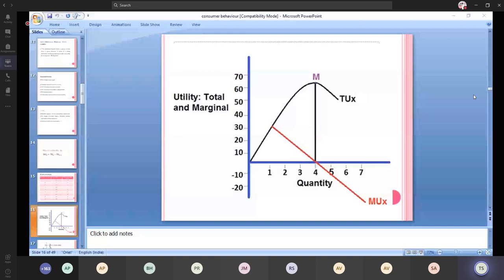The part which starts from the initial utility until the zero utility is called the diminishing marginal utility because it's sloping downwards. That is, it refers to the downward slope of the marginal utility curve.